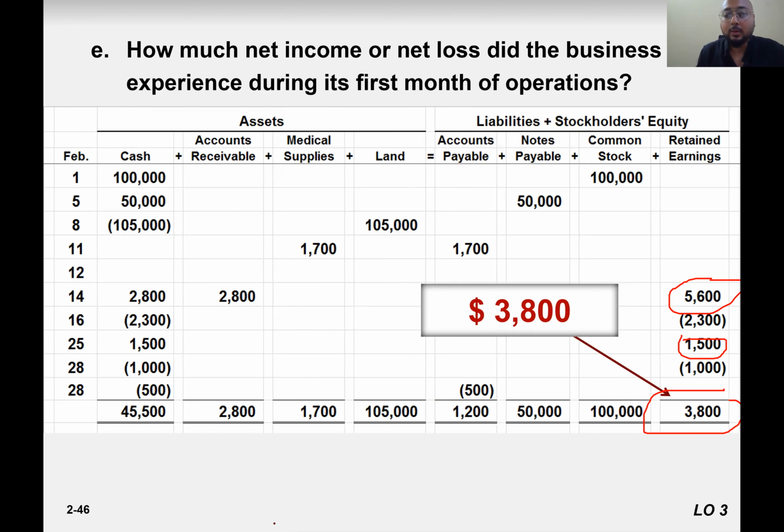No. It means income. Or you can say that we have sold 5,600 worth of sales here and 1,500 worth of sales here, minus this 2,300 and 1,000. The answer would be 3,800, right? And now we are diving deep into the real accounting.